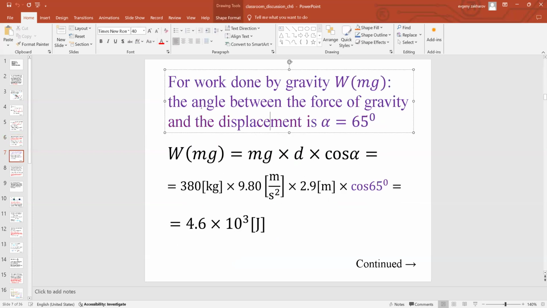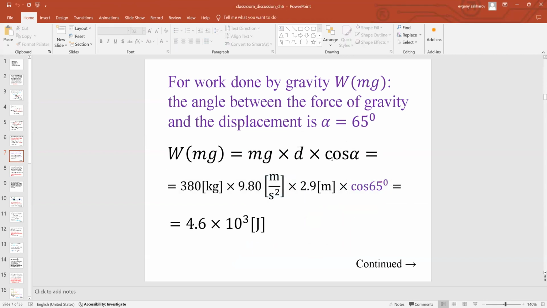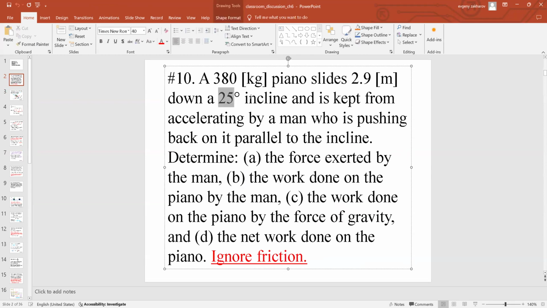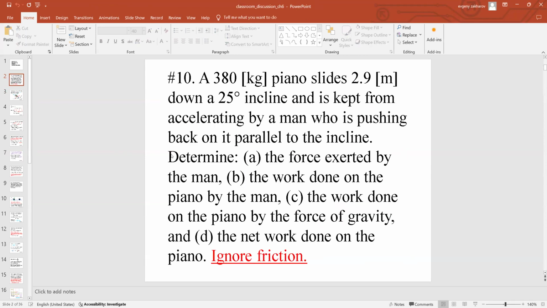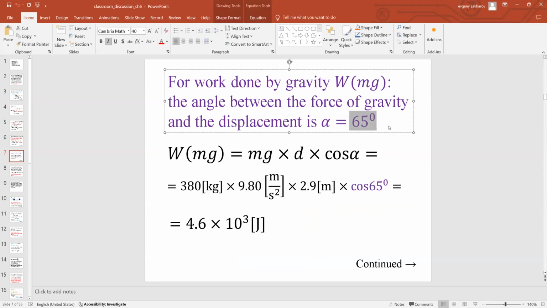So for work done by gravity, you say force of gravity, mass times g. Displacement, still 2.9 because it's given. And it's the cosine of 90 minus theta. Theta was given as 25. The incline is 25. So 90 minus 25 is 65. 65 is the reference angle for calculating the work done by gravity.